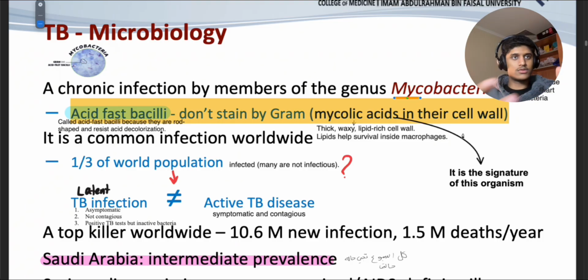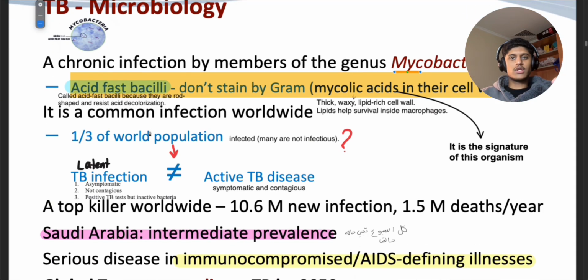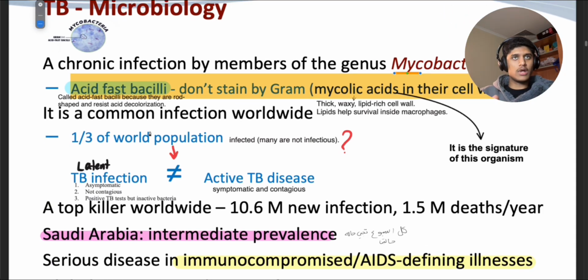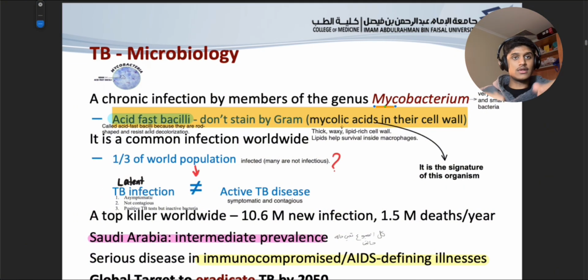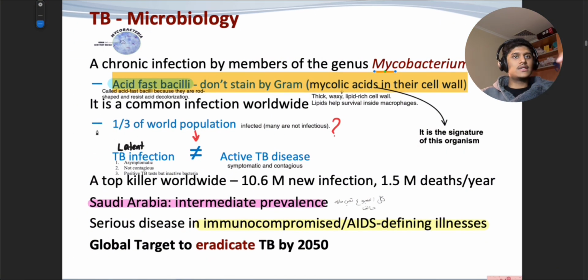So what we can use is acid-fast staining, so called acid-fast bacilli, because they are rod-shaped and resist acid decolorization. So we have different types of stains that we will be using, as well as other microbiological tests and serology that are really vital for TB.